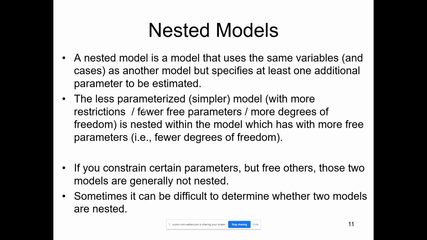So you remember the z distribution, the standard normal distribution, with a mean of 0 and a standard deviation of 1, right? If you square z's, that gives you the chi-square distribution with 1 degree of freedom.